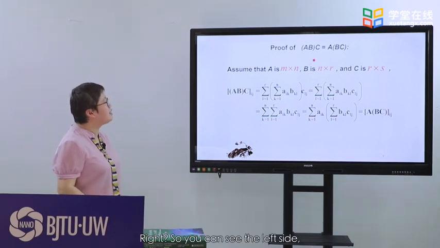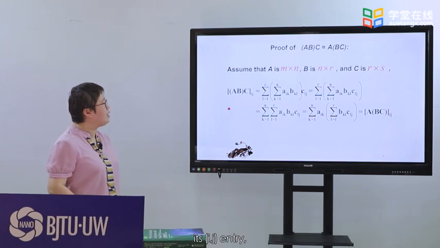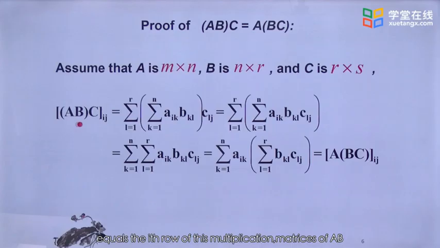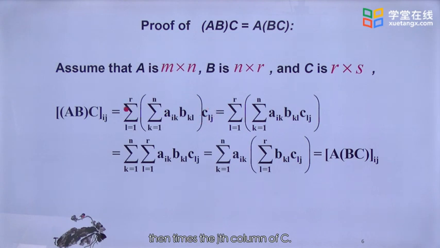So the ij entry of the left side equals the ith row of the matrix AB times the jth column of C. The ith row of AB, you can write as this one.